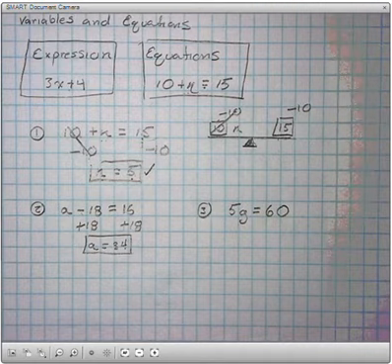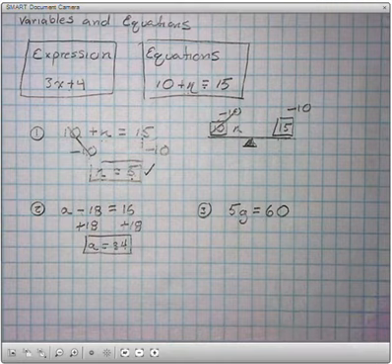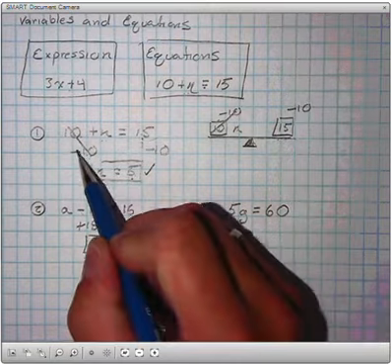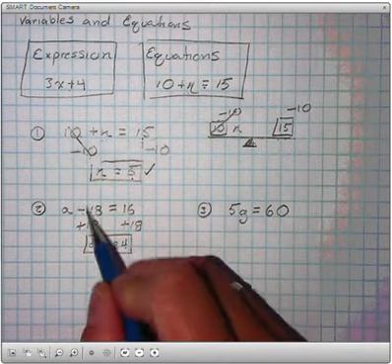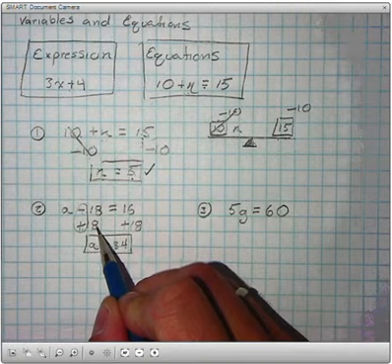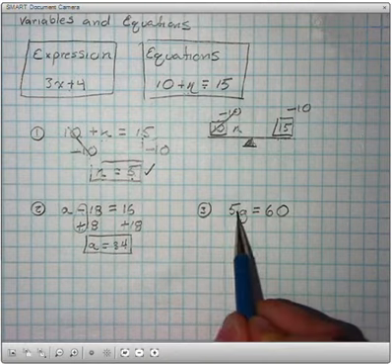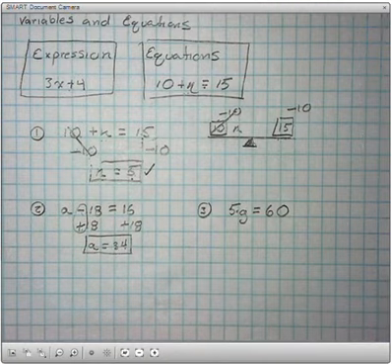Haley? It might be, but how do I find out? Here's your hint. Here we subtracted 10. Here we added 18. That's 5 times G. So what am I going to do?